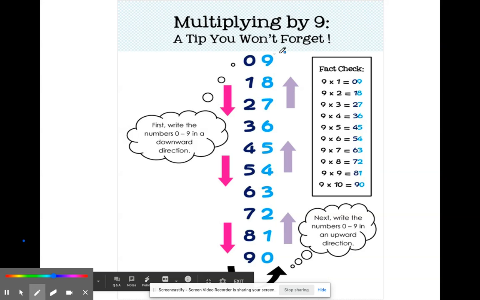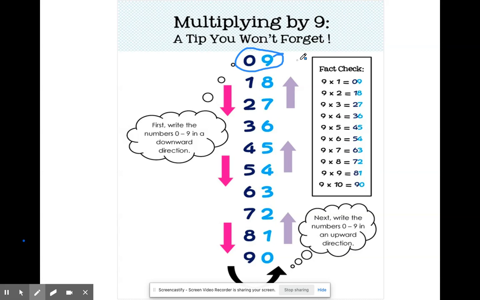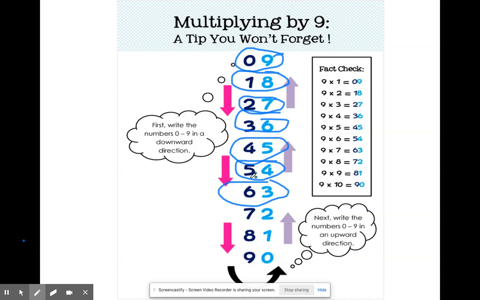If you add the 2 digits in every product together, you will get 9. 0 plus 9 is 9. 1 plus 8 is 9. 2 plus 7 is 9. 3 plus 6 is 9. 4 plus 5 is 9. 5 plus 4 is 9. 6 plus 3 is 9. 7 plus 2 is 9. 8 plus 1 is 9. And 9 plus 0.